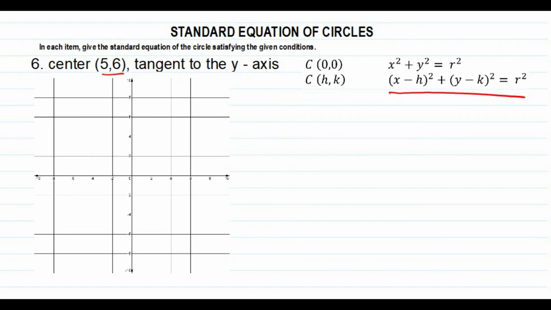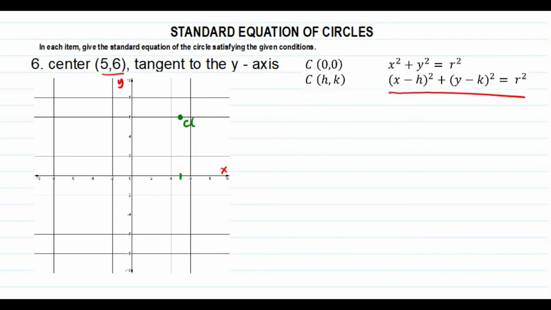So, i-plot muna natin. Sa mga ganitong bagay, you need to plot the condition para maintindihan mo kung ano yung ibang details. So, 5, 6. This is the x-axis. This is the y-axis. Maybe you can use another color. This is 5, sa pagitan po ng 4 and 6. And this is 6. And then we will plot.